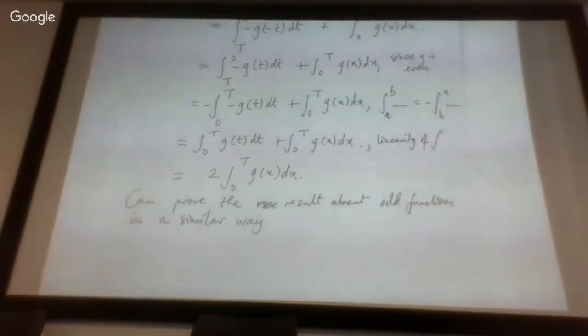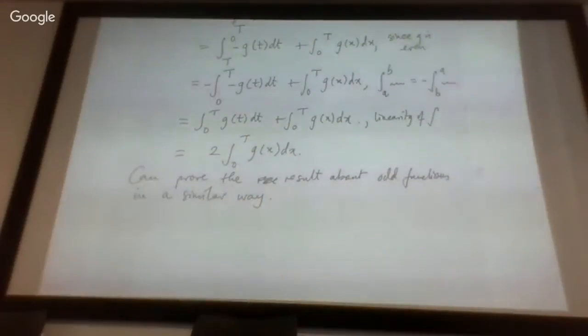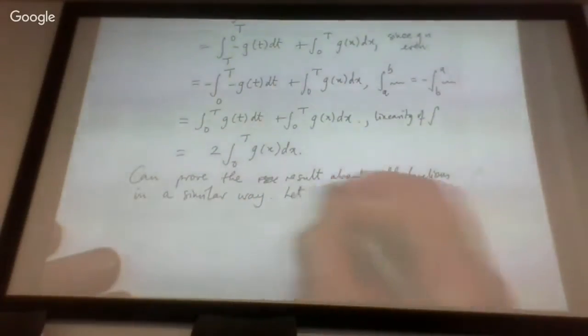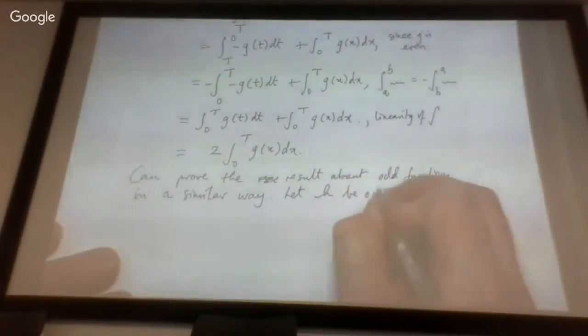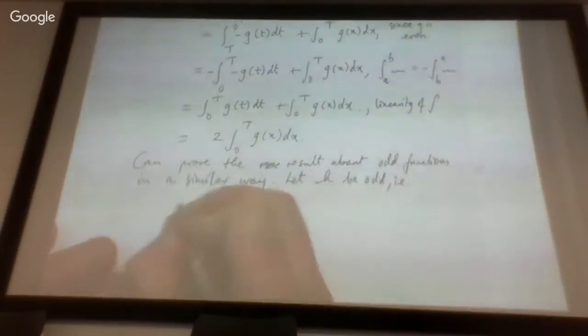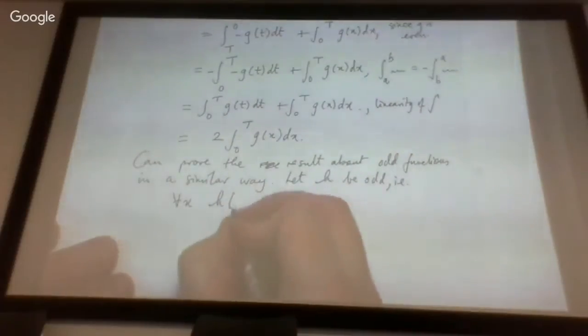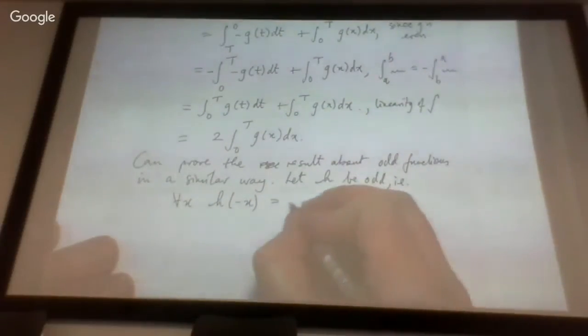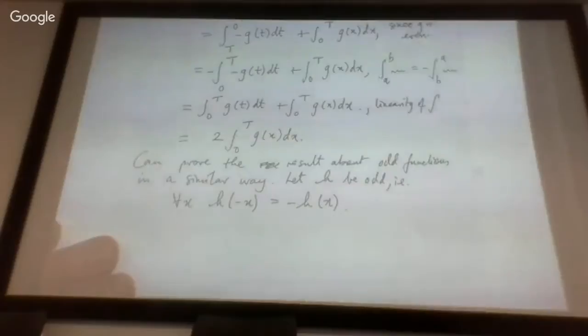Okay. So this time, h is called an odd function in the notes. So we let h be odd, i.e. what that means is for every x in the domain, h of minus x equals minus h of x. Well, do I really need to write it out again?